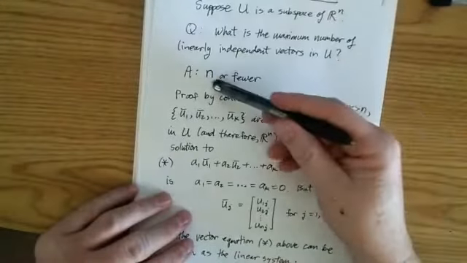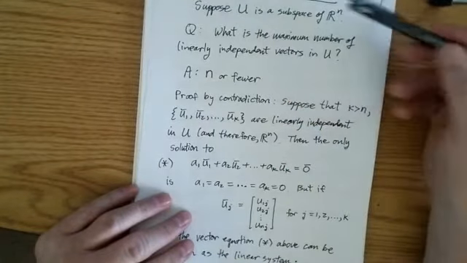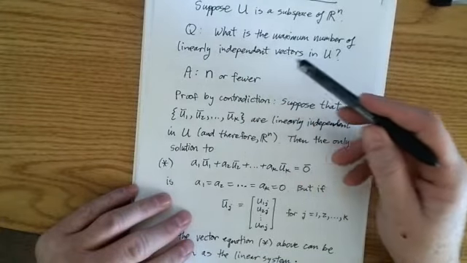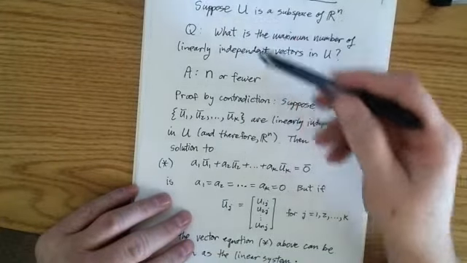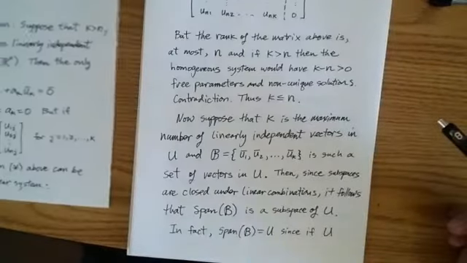So my question again: if I have a subspace of Rn, the number of linearly independent vectors I can pick from U is going to be n, or possibly even fewer.